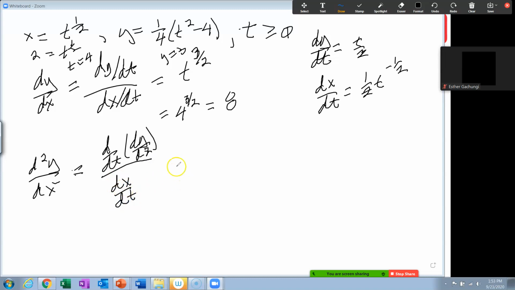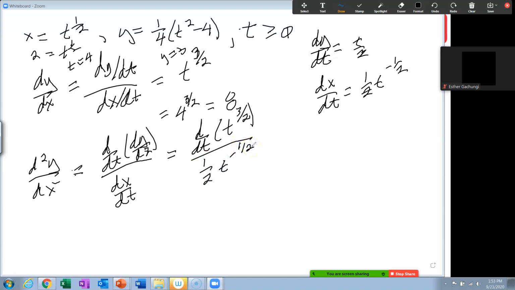Okay? Now, we already know what dy dx is. So this is d by dt of t to the 3/2 power divided by dx dt, which we found out was 1/2 t to the minus 1/2.